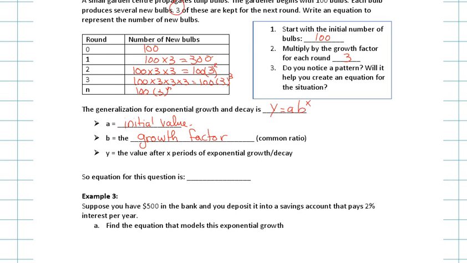So y is your answer, the value you get at the end. So the equation for this example is y equals 100, because that's my initial value, times 3 to the power of x, or n.